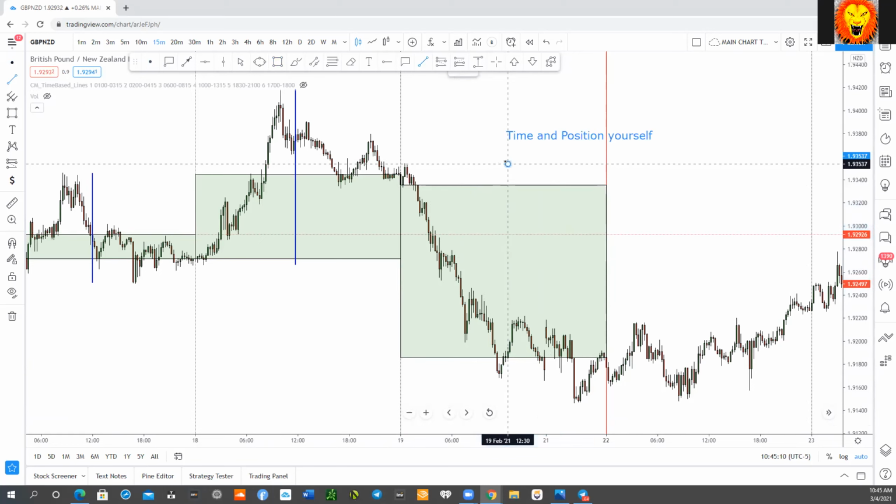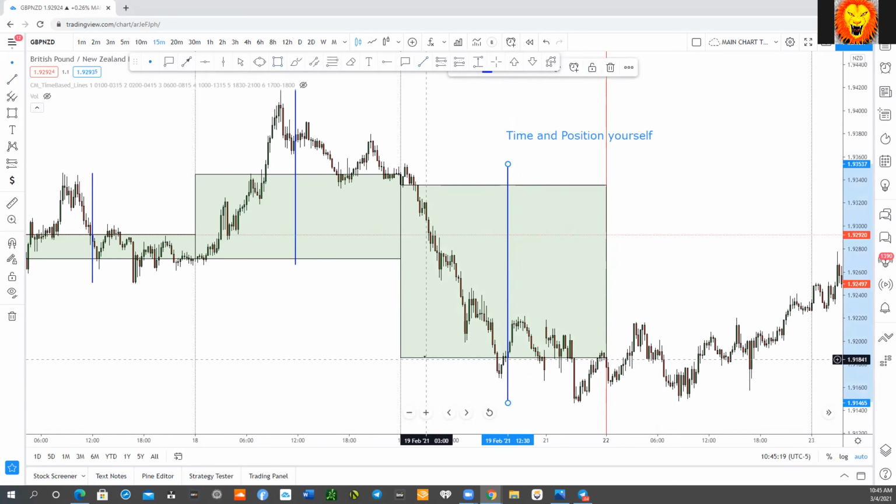Time and position. So what do I mean by positioning? Positioning like where to get in. Right, but what do I mean by that?